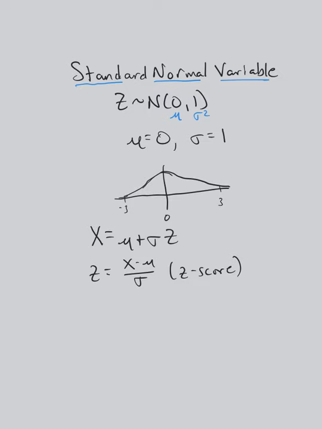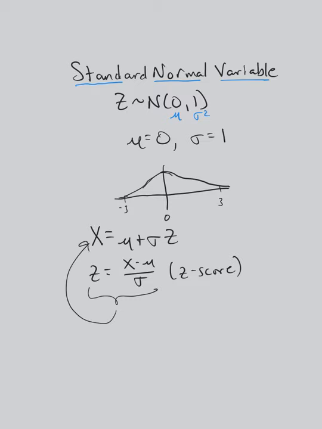And so you can answer any question about a normal random variable in terms of the standard normal variable. That's not going to be really important right now as we get started, but it's going to be really important later, especially whenever we use that other feature I talked about, the inverse normal. Some inverse normal functions only give you these numbers. And so then if you want to go back to your x variable, you use this formula to get that.